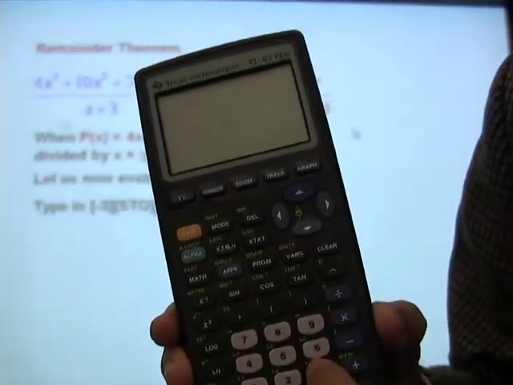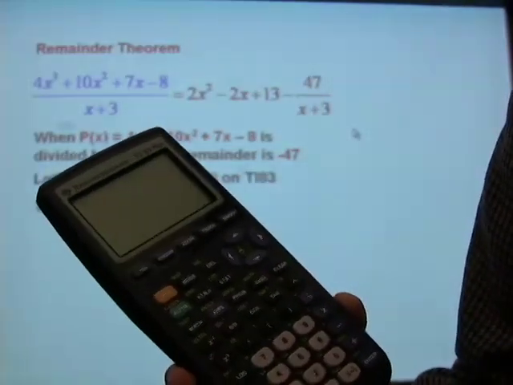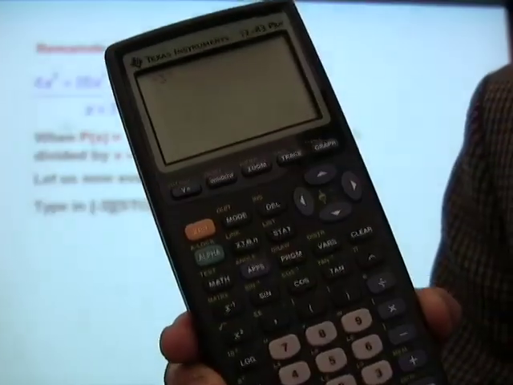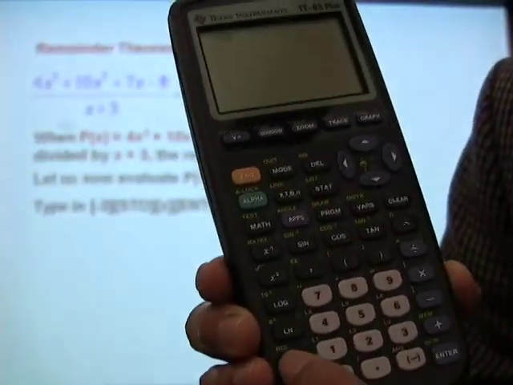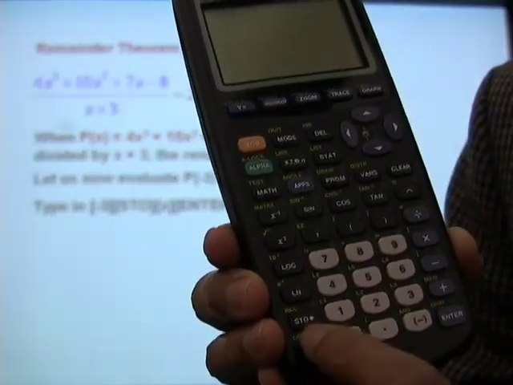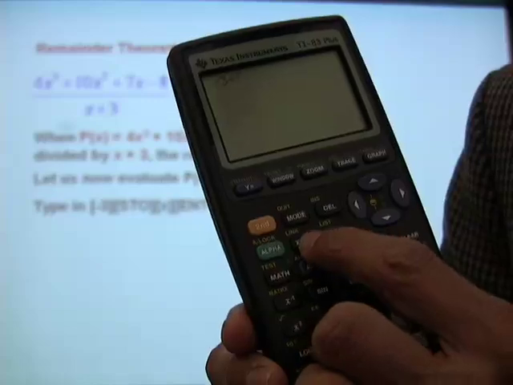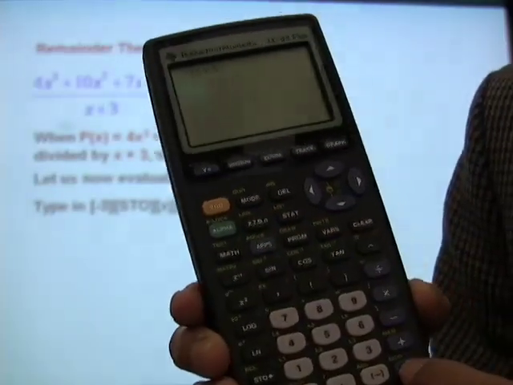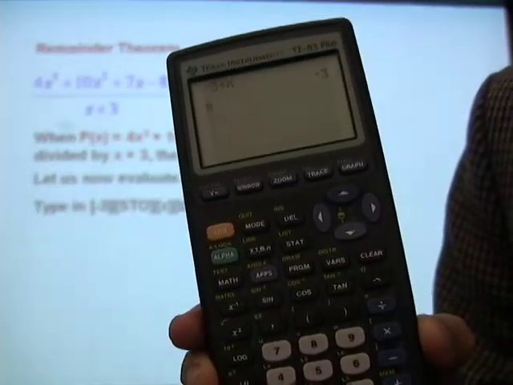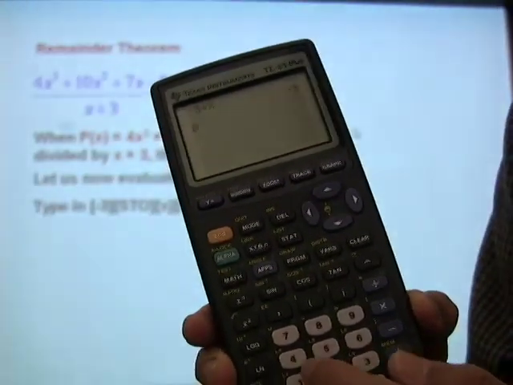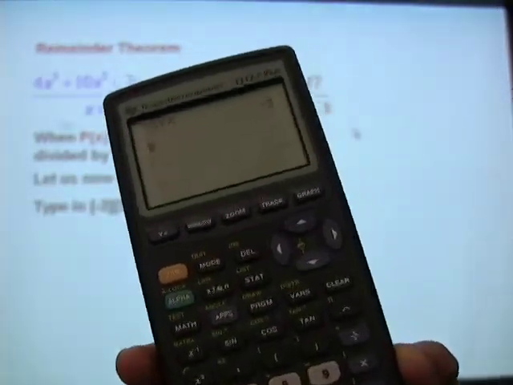There we go. Now, I have to turn on the calculator first. Say negative 3, and you see negative 3 on the calculator, and press store. Look at the store button above the on. Store x. X is the variable. And enter. So, x is now negative 3. Now, enter this function, 4x cubed.